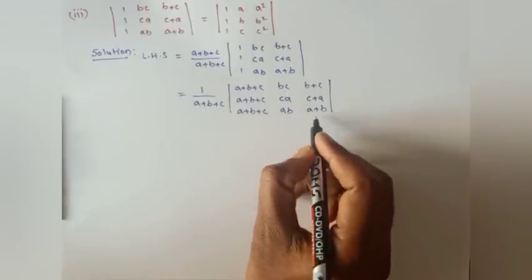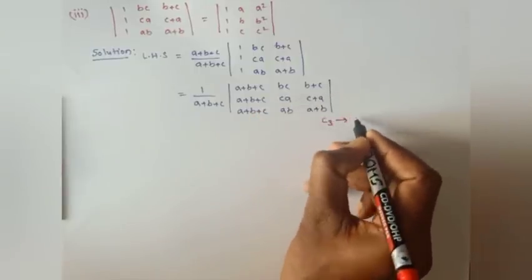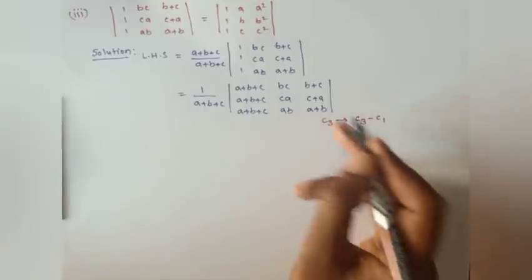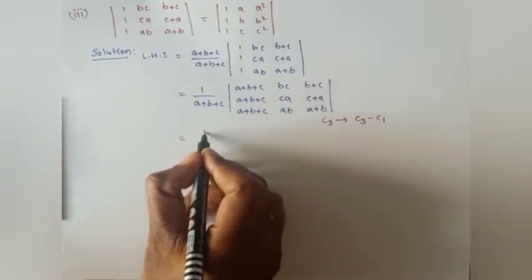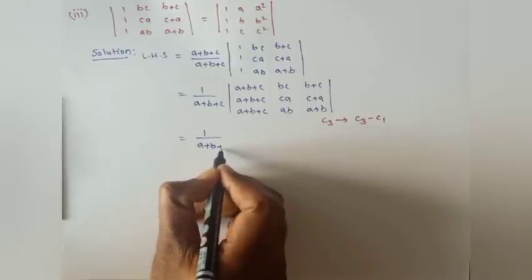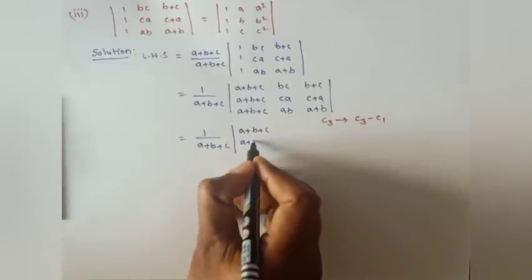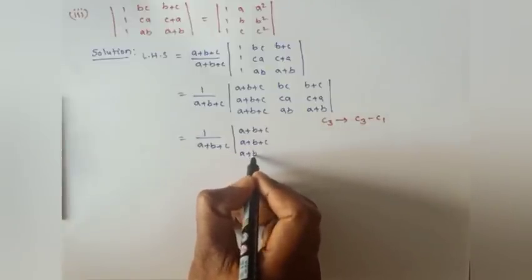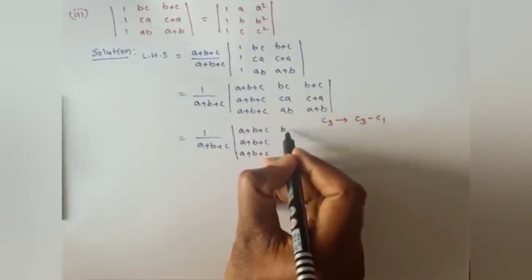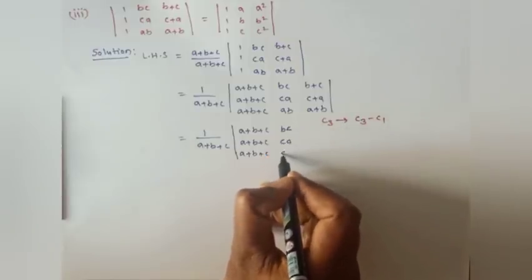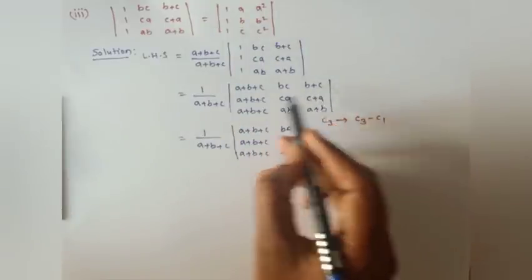If we apply c3 minus c1 to the above, what happens? It is 1 by a plus b plus c times of, this column is as it is, a plus b plus c, a plus b plus c, a plus b plus c, since we are applying the operation only to column 3, so column 1 and column 2 are as they are. Now column 3 minus column 1, then b plus c gets cancelled.